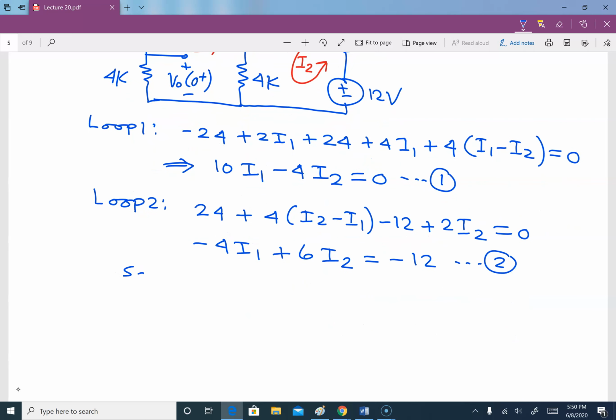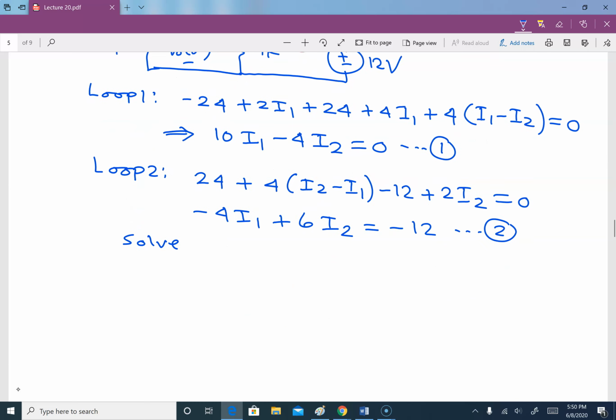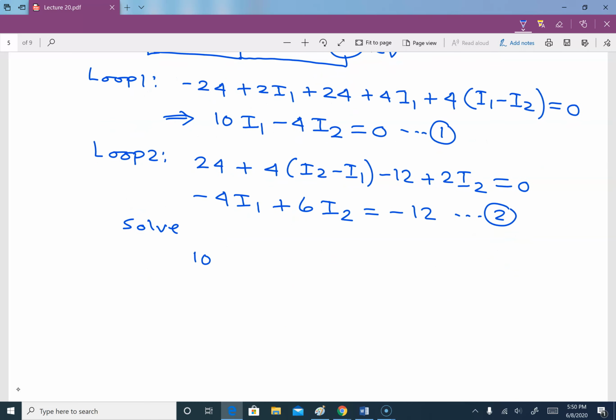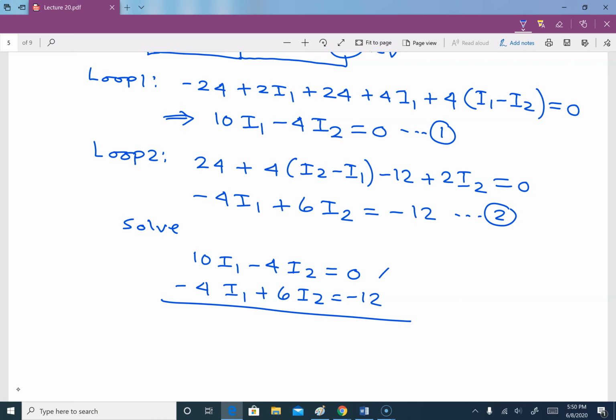Now we can solve these two equations by putting them on top of each other. Negative 12. Then if I multiply this by 1.5 and I add them, we will get 11I1 is equal to negative 12.